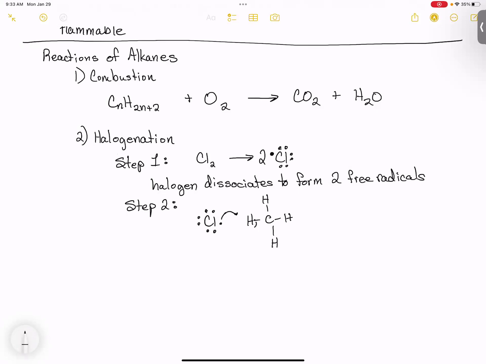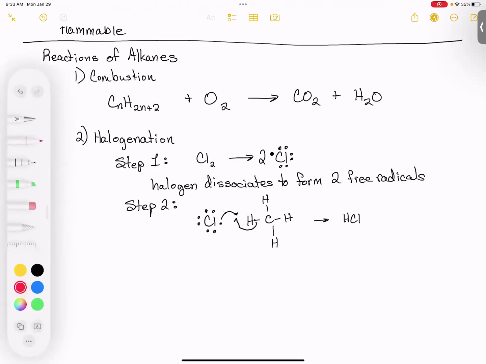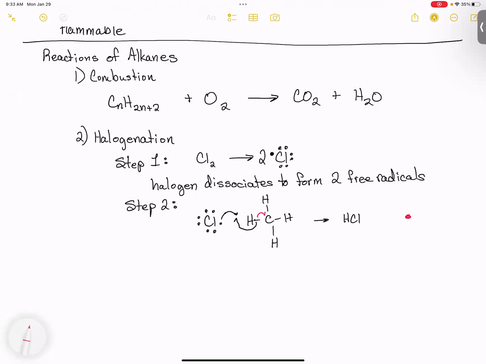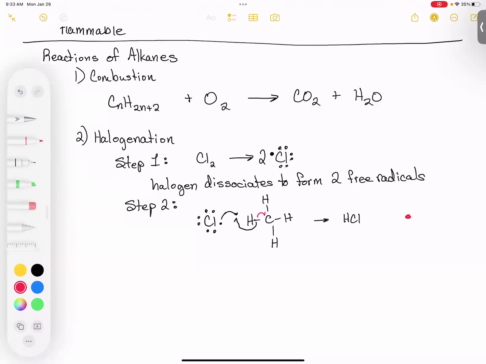So one of the electrons from the hydrogen carbon bond is going to go to make HCl. And the other hydrogen from the carbon hydrogen bond is going to go to make a new free radical of CH3.